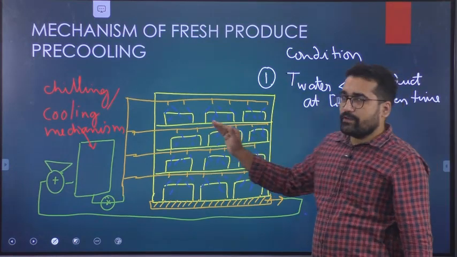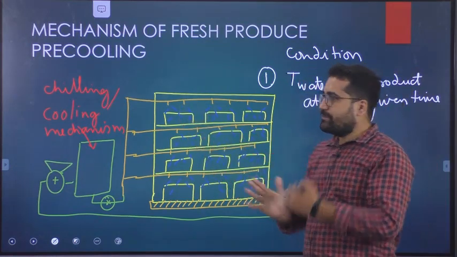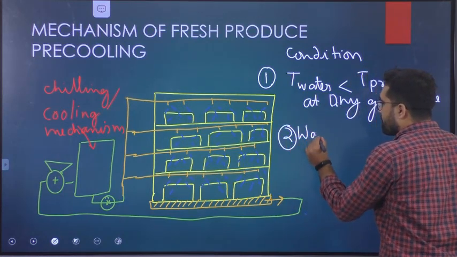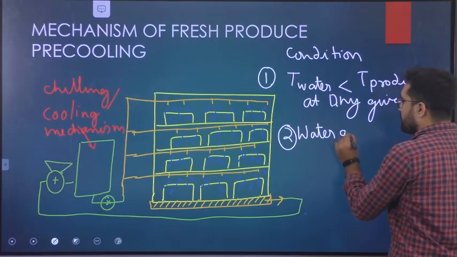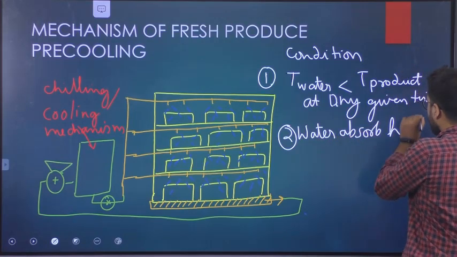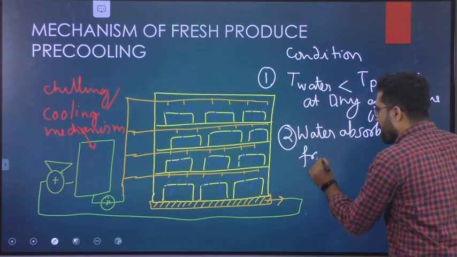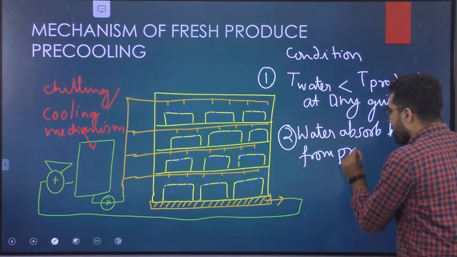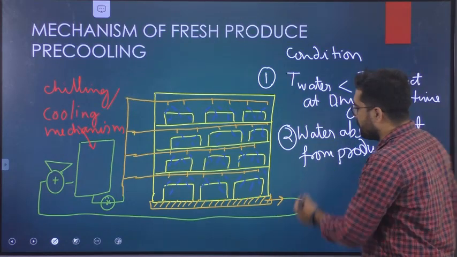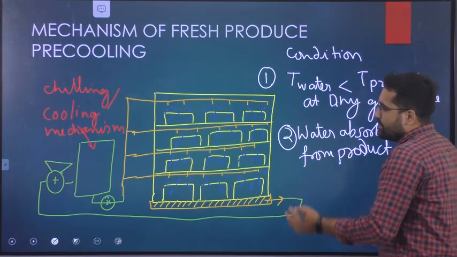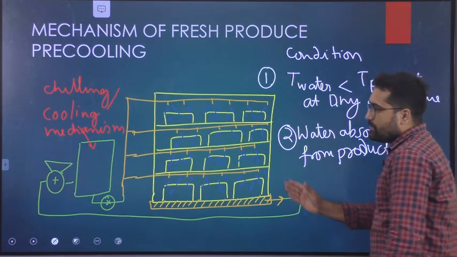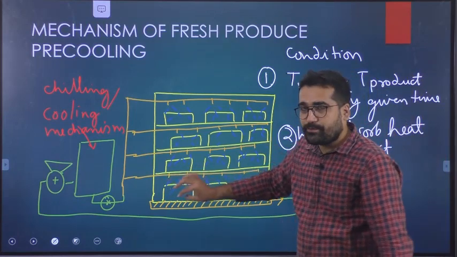Okay, then what will happen? This water will absorb the heat from the product. So heat gain will be there towards water. So the temperature of water will again rise, and that water will drain out through the system. Okay. So the temperature inside the product will reduce.